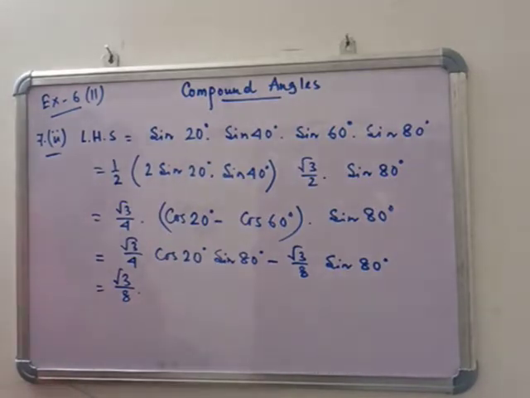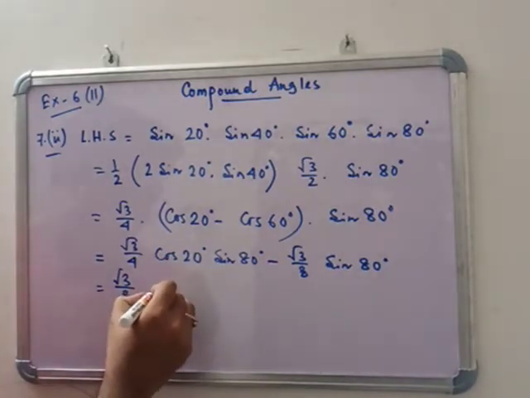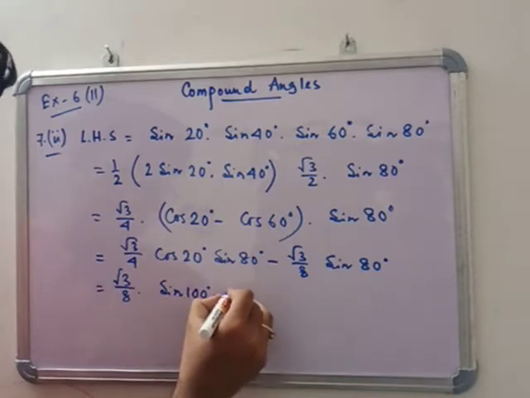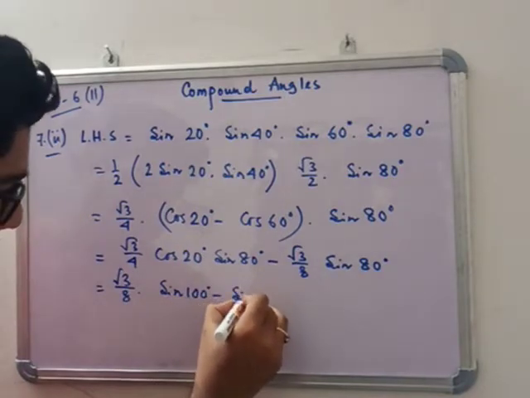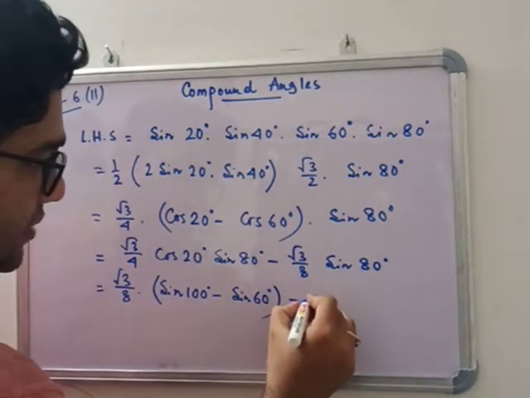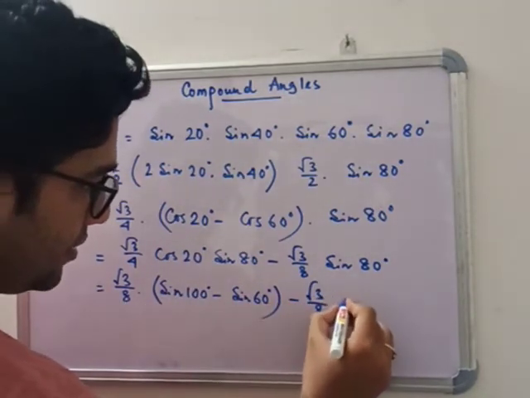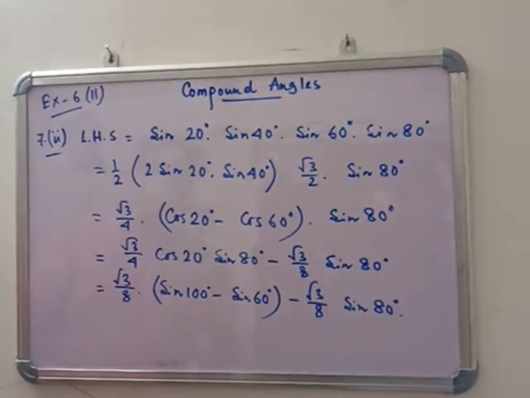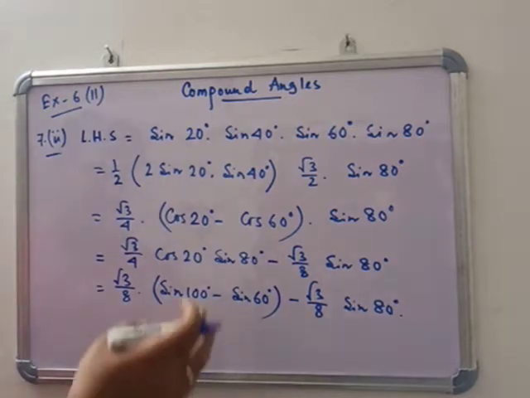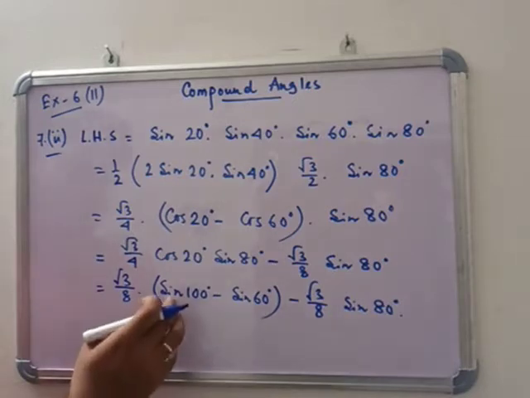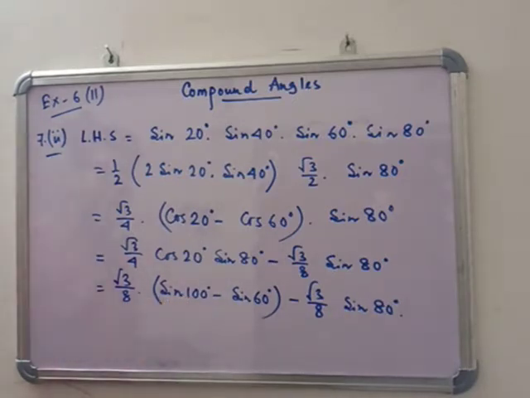So that means sine 100 minus sine 60. Okay. And this is remaining same, root 3 by 8 sine 80 degree. Now see that sine 60 means root 3 by 2 and sine 100 means sine 80.